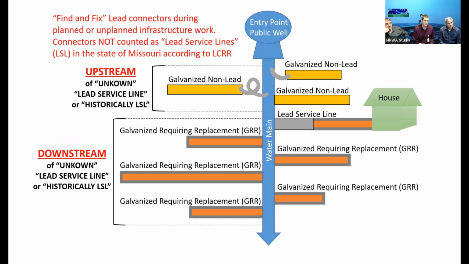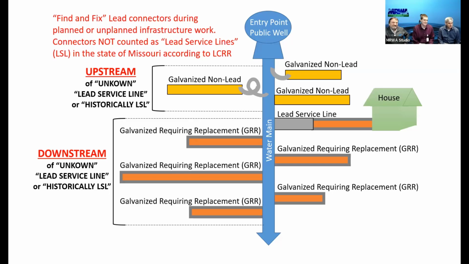That would be considered a lead service line, because even if half of it is confirmed lead and the other half is galvanized, the total category would label it as a lead service line. And the ones downstream of that, but notice the ones that have the pigtail connector, the gooseneck, or no connector at all, the galvanized upstream would not. So I wanted to create a visual diagram just to help systems understand. That helps me at least to see the picture sometimes. We can go on to the next one.